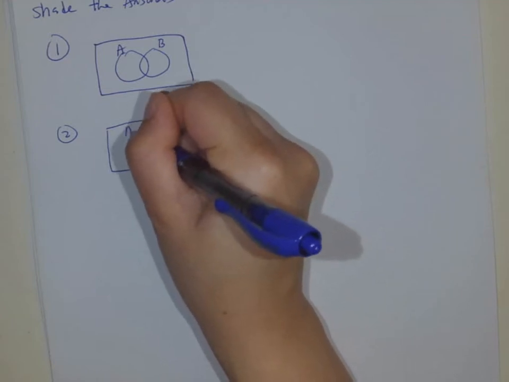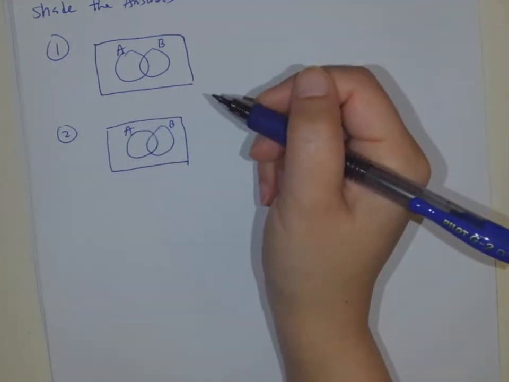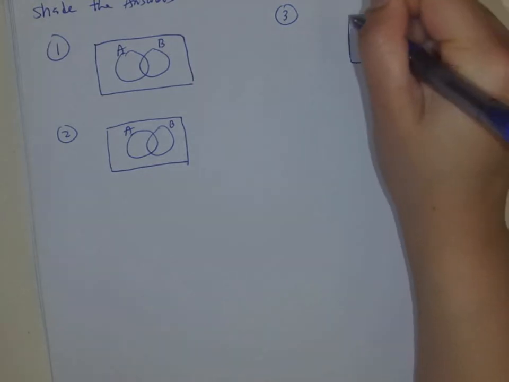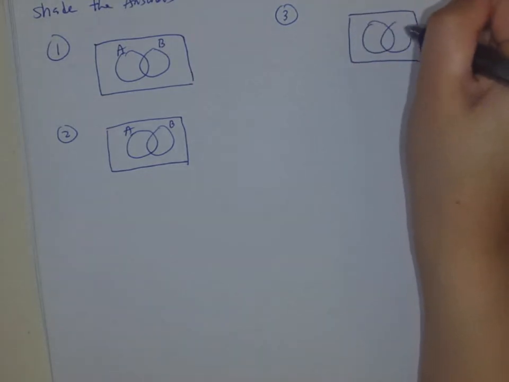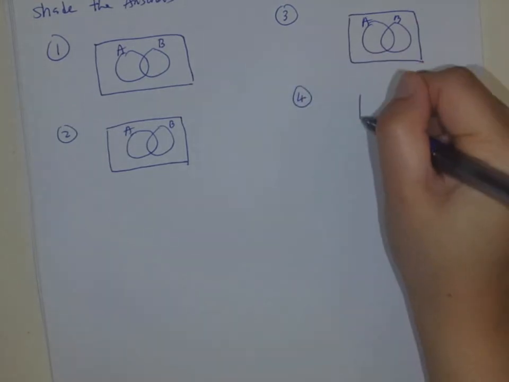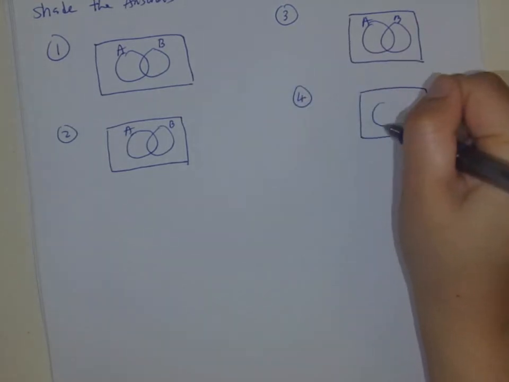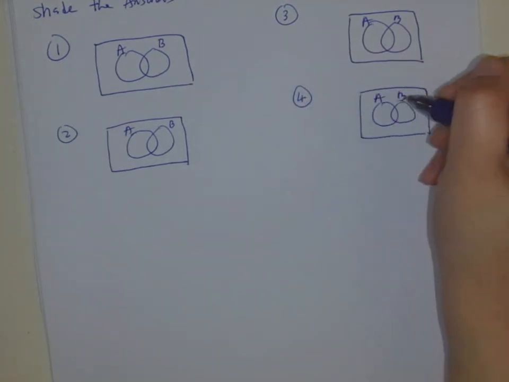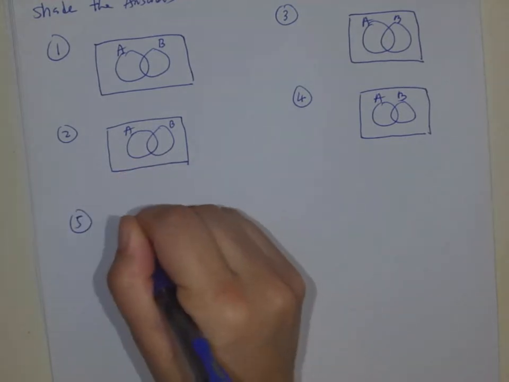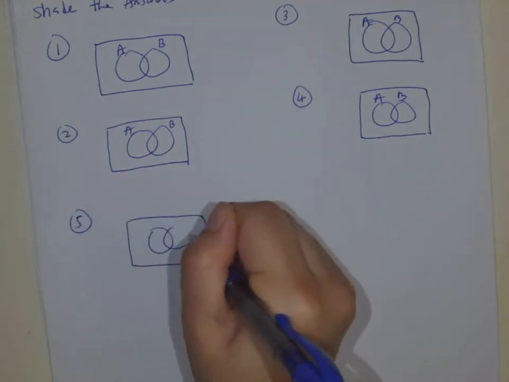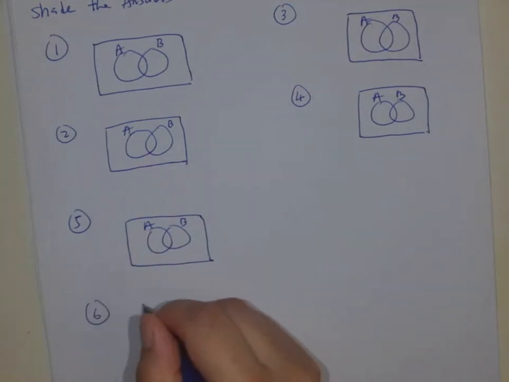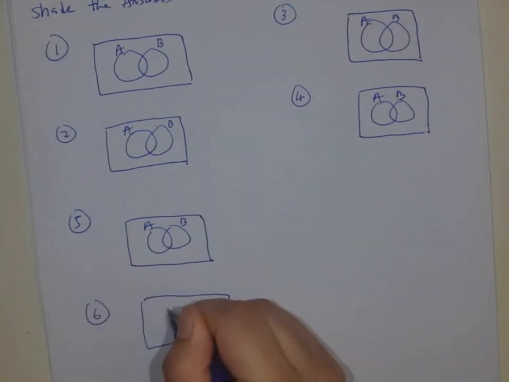I don't want you to spend too much time coloring it. Number 3. Number 4. Number 5. So all of them have A and B circles overlapping each other.